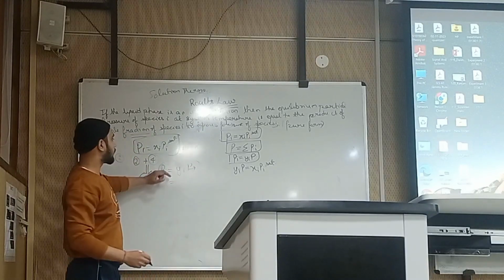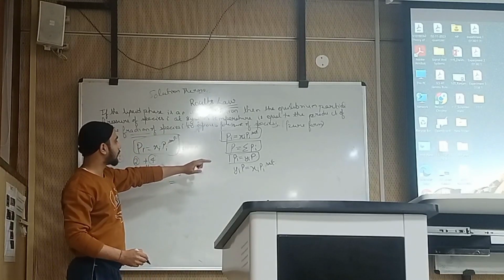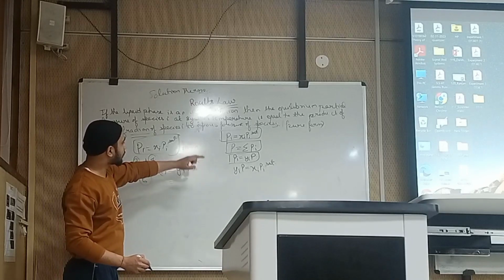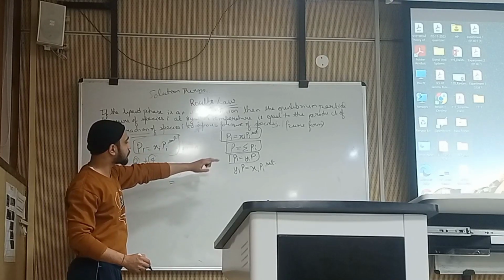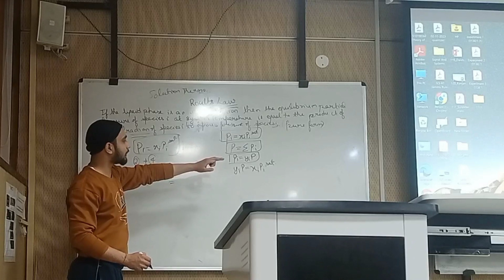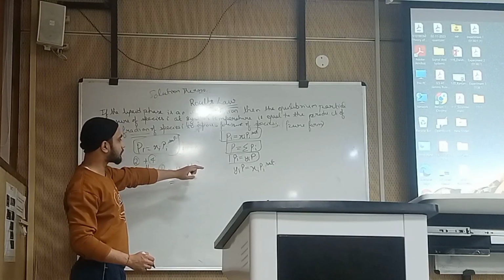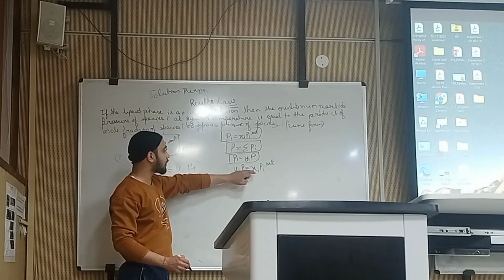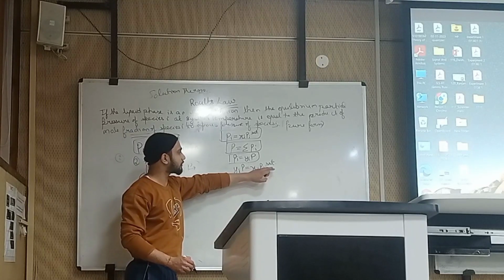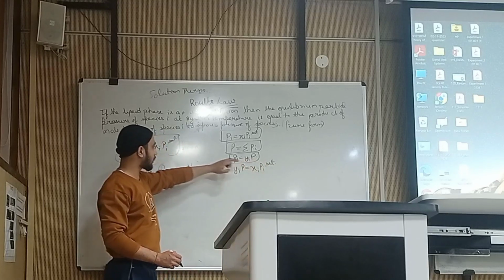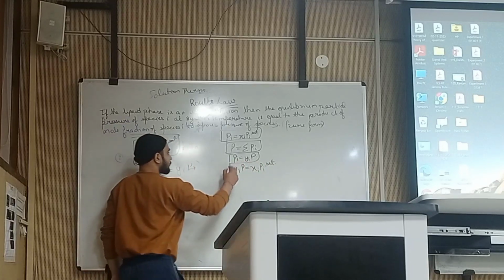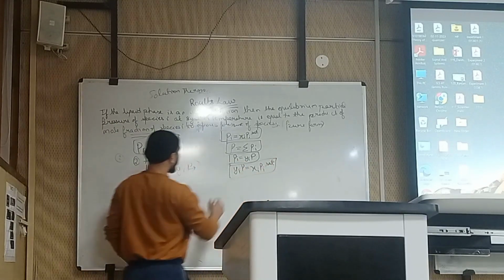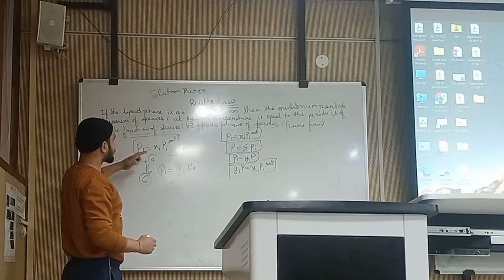So Pi is equal to Yi into P. So the value of Pi now becomes Yi into P is equal to Xi into Pi sat. Yi is the mole fraction in the vapor phase, Xi is the mole fraction in the liquid phase, P is the total pressure, Pi sat is the saturation vapor pressure. So this we deduced from Raoult's law.